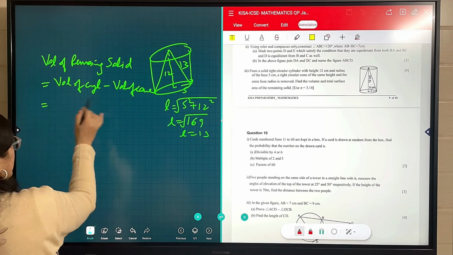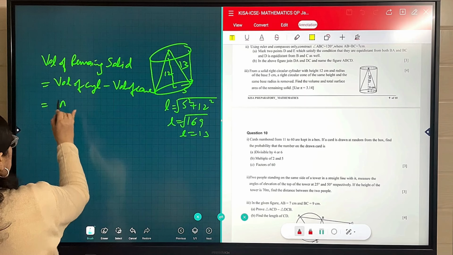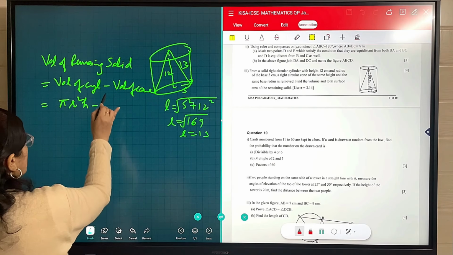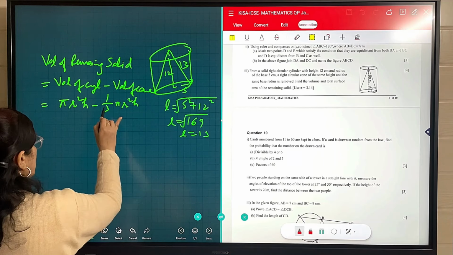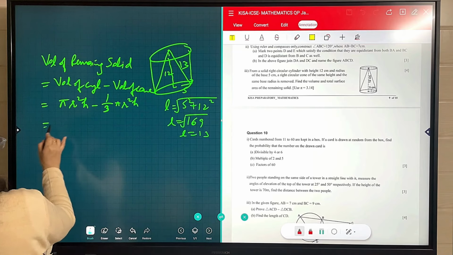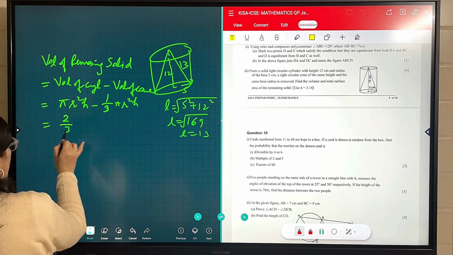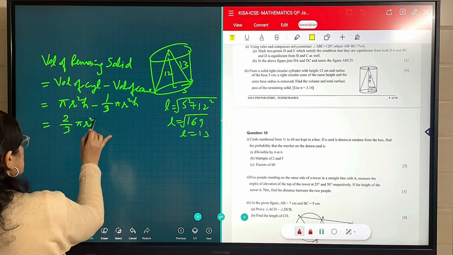The volume of cylinder is pi r square h, minus the volume of cone, which is 1 by 3 pi r square h. Because in this case h and r are the same, we can take the LCM. So 2 by 3 pi r square h.